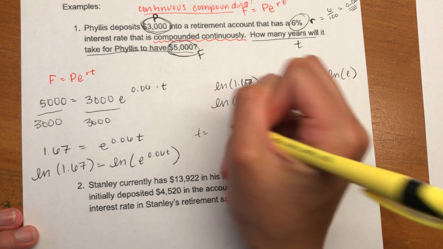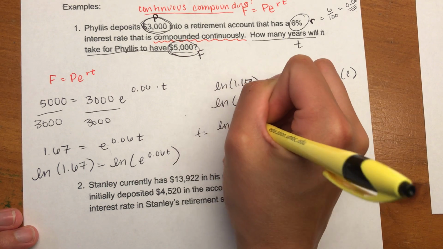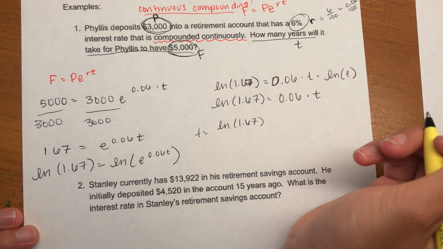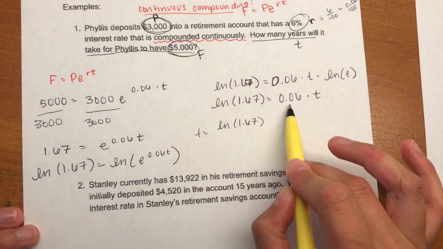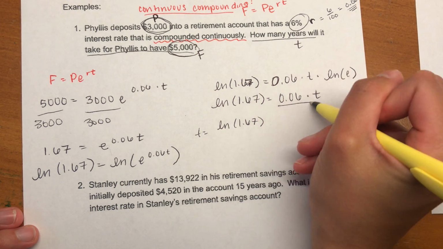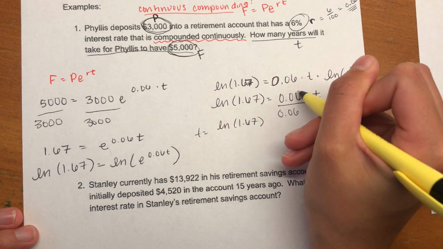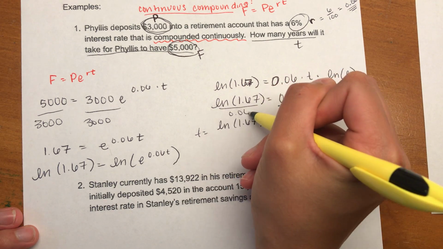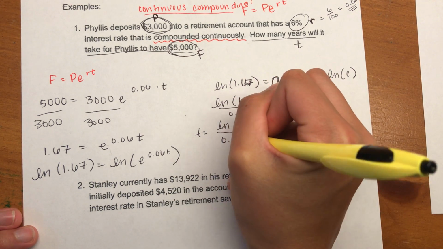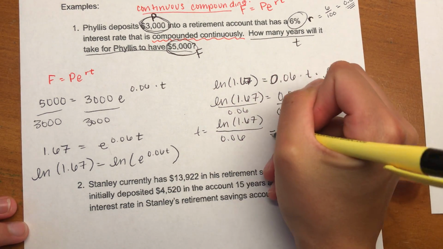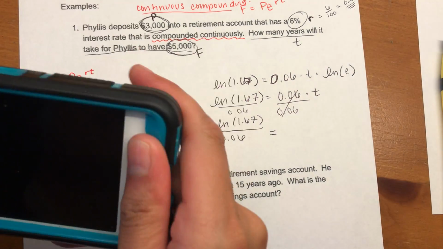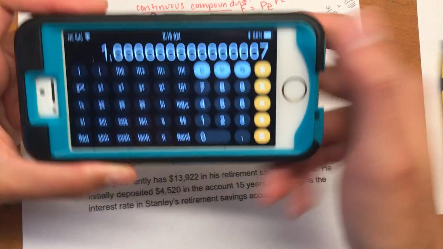So t equals the natural log of 1.67. And how do I get t by itself? I have to eliminate this 0.06. What would I do? I divide both sides by 0.06. Good. So my t will be the natural log of 1.67 divided by 0.06. So let's do that.